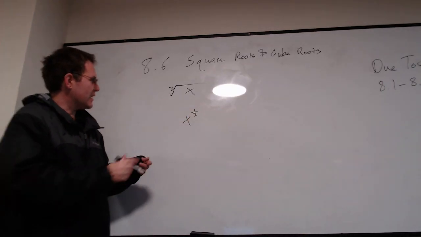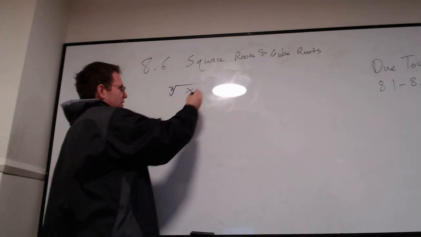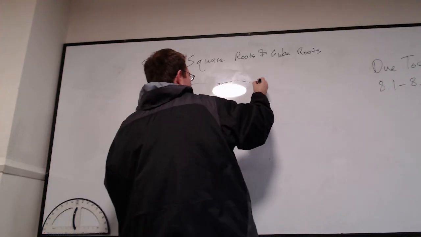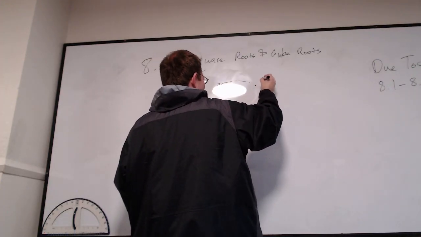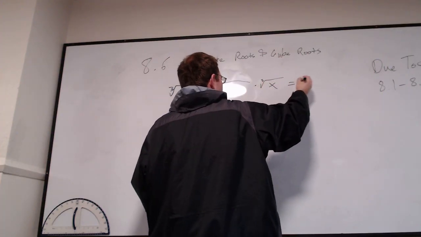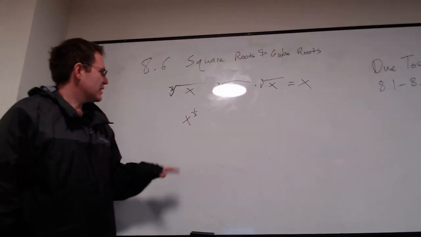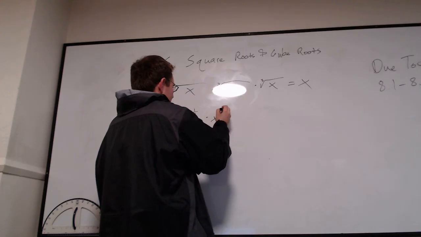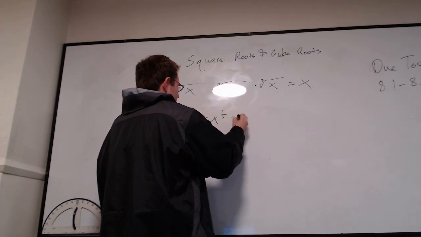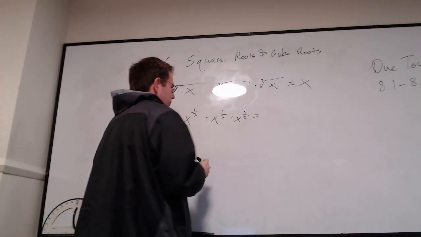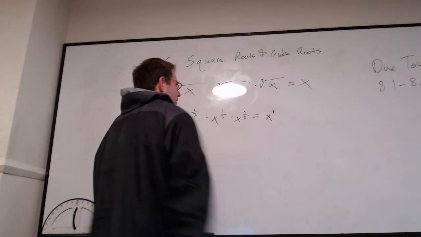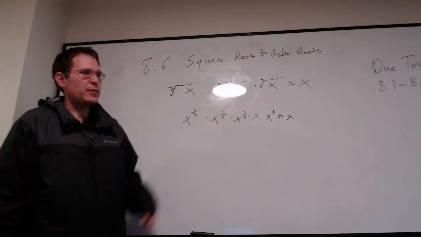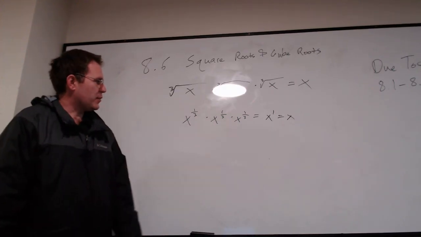If we have a cube root of x times a cube root of x times a cube root of x, then we just get x. That's the same as x to the 1/3 times x to the 1/3 times x to the 1/3 equals x to the 1, or x. Again, we're just adding each of these up like we normally would with exponents, and when we add those up, we get x to the 1.